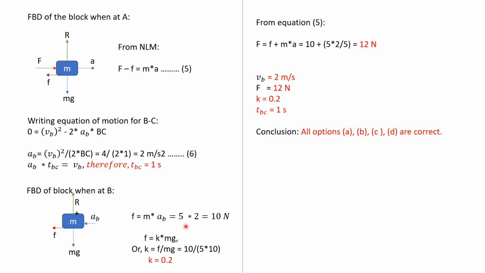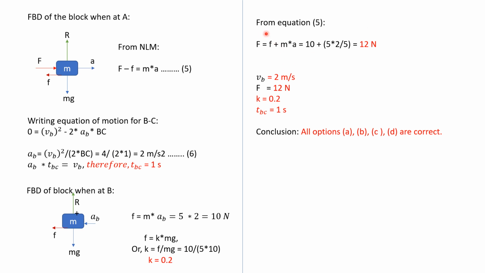So from here we got the friction force as 10 Newton, because m you know, AB you know. Now the friction force is equal to K into the reaction force, and the reaction force is equal to mg. So f is equal to K into mg. So finally if you put the values of f and mg, you will get K as 0.2. This is also one of the options.